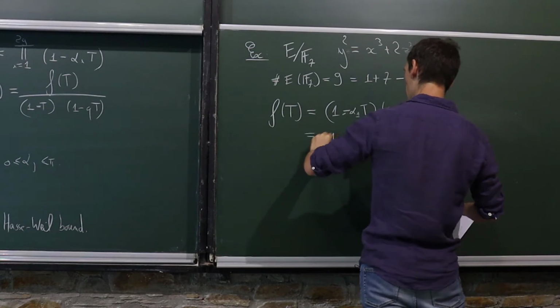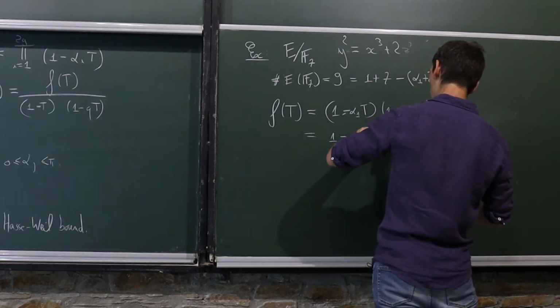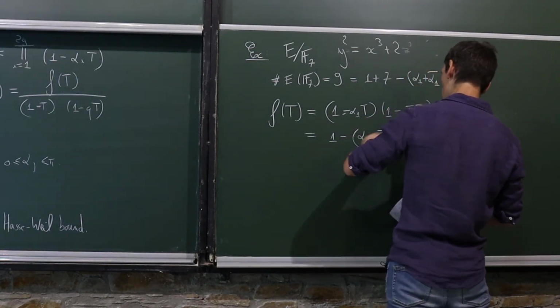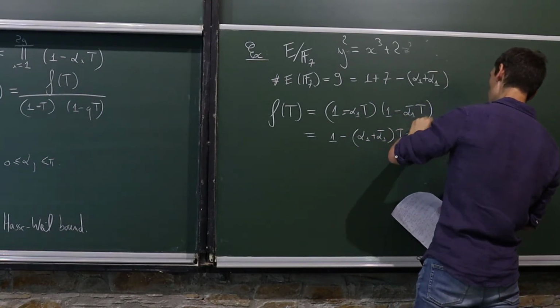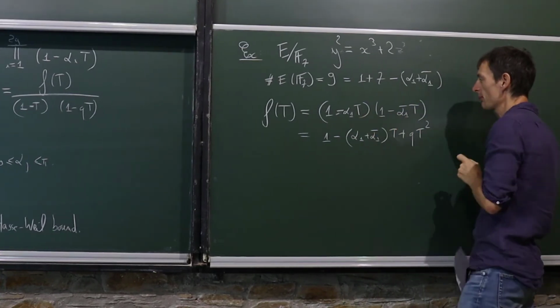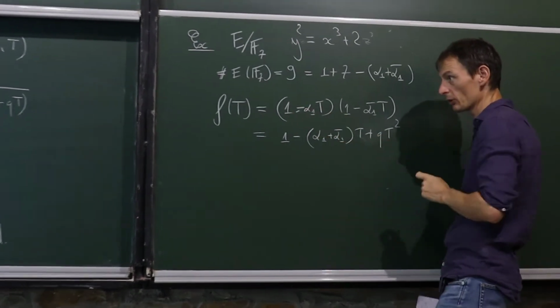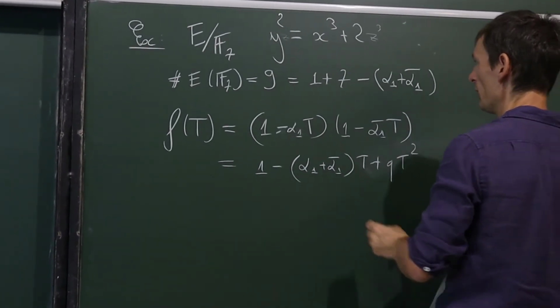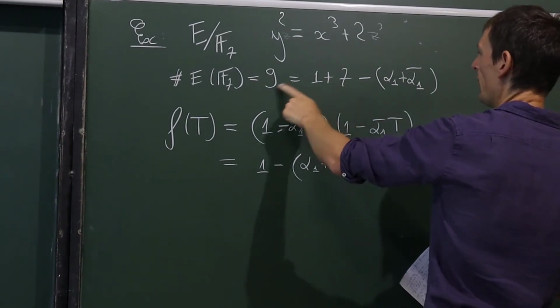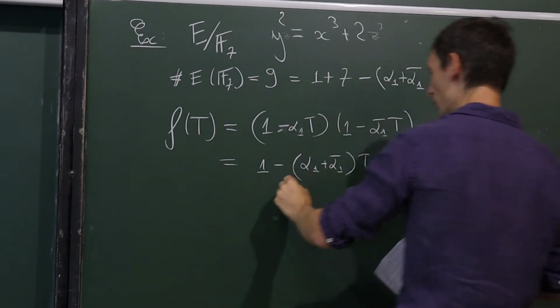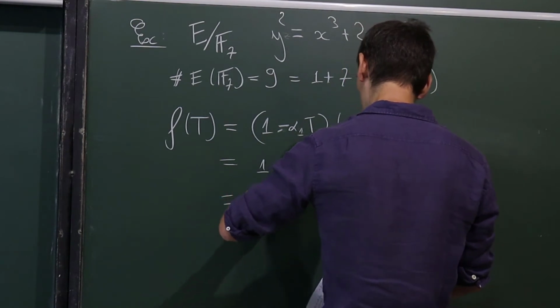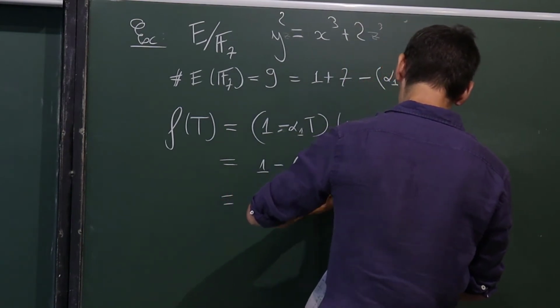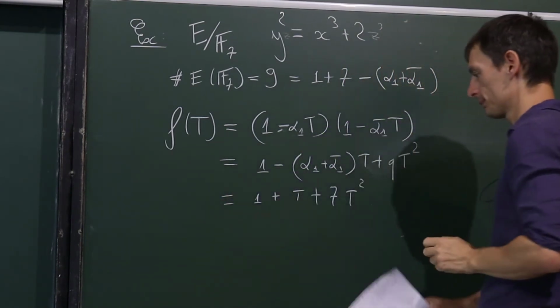So this is 1 minus alpha 1 plus alpha 1 bar t plus alpha 1 times alpha 1 bar, and this is q because the norm is q. And so that's q t squared. We have just seen that this is 8, which means that this was minus 1. So it should be 1 plus t plus 7 t squared.